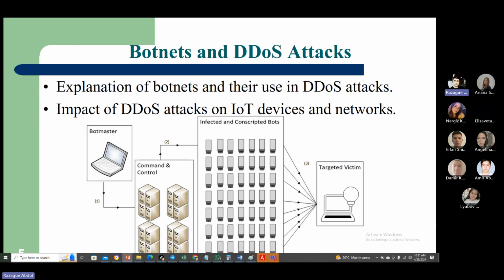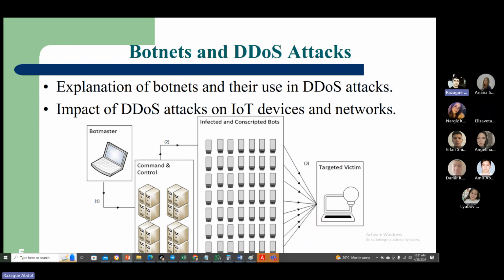And botnets are commonly used to launch distributed denial of service attacks, which overwhelm a target server, website, or network with a flood of malicious traffic. So DDoS attacks aim to disrupt the availability of online services by consuming network bandwidth, exhausting server resources, or overwhelming network infrastructure.